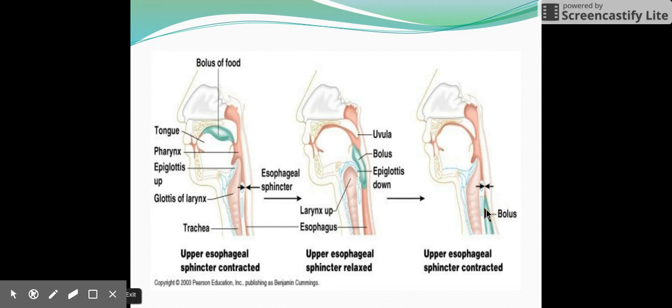And the stomach is attached to the esophagus, and the esophagus is the tube that passes food from the oral cavity or the mouth.